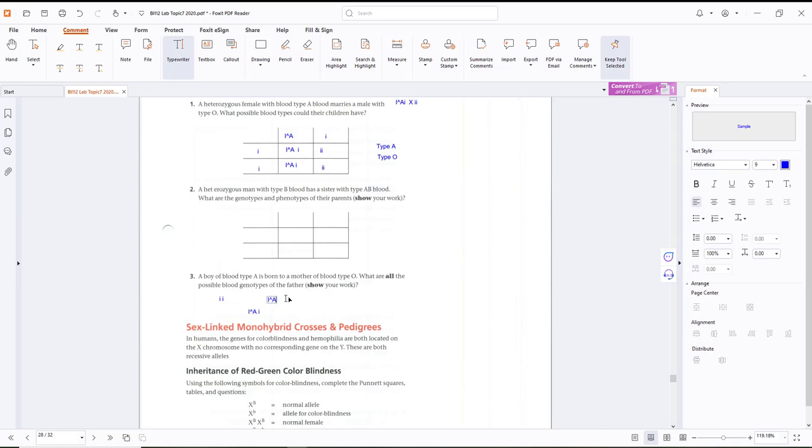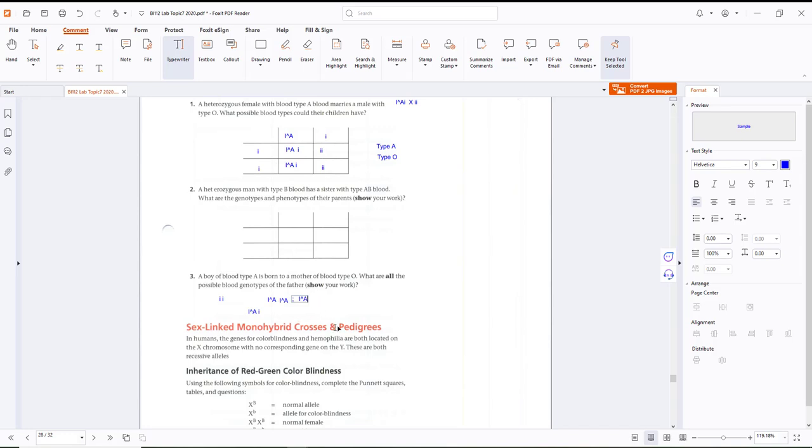So what's the other allele of dad? Okay, so there are a couple of possibilities. One could be another A allele, right? So that's one possibility. What's another possibility? He could also be, let me put the other A in, could he be O?